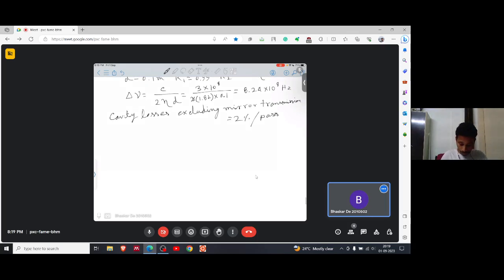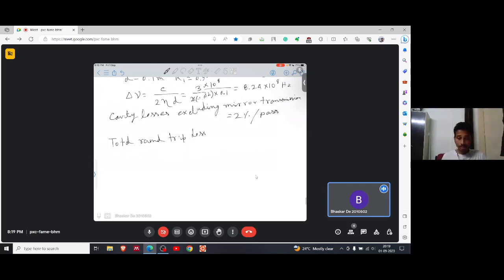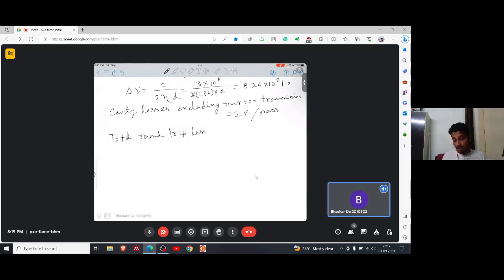So total round trip loss. Total round trip loss means that it is reflecting from two mirrors, and then it is also suffering the losses from the passes.